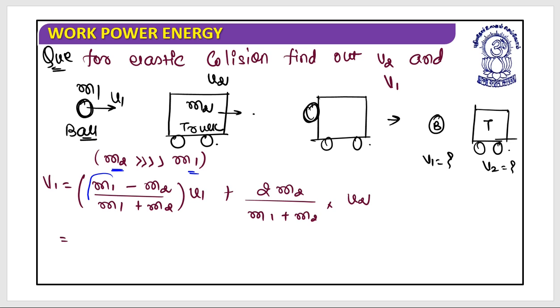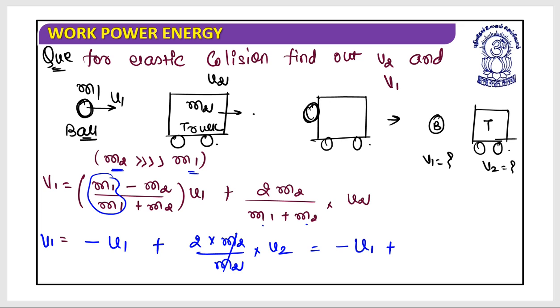If I ignore the effect of m1, v1 would be equal to minus u1 plus 2 m2 divided by m2 only, because we are going to ignore m1, multiplied by u2. If I cancel this, I have the relation minus u1 plus 2 into u2. So v1 is equal to minus u1 plus 2 u2. This is the speed of the ball, v1.